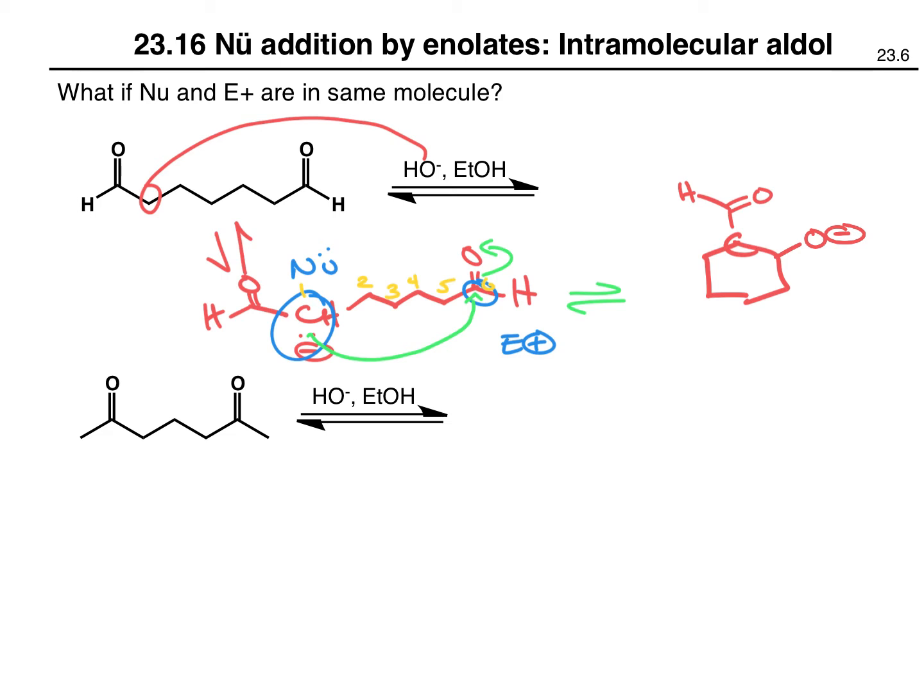So this can then grab off a proton from the solvent, and it would give us this aldol product. If this was carried out at elevated temperature, then it could do the aldol condensation, which would give us this product.